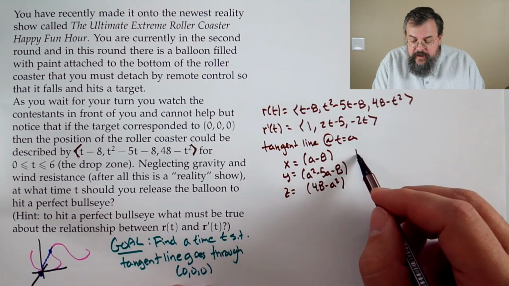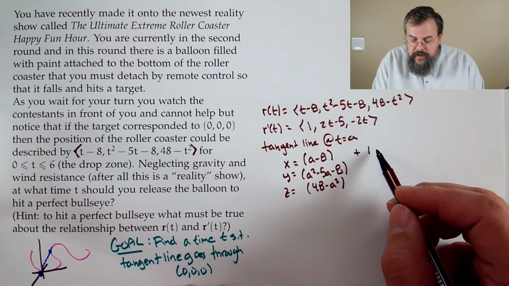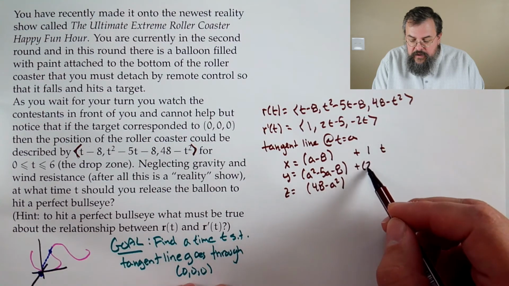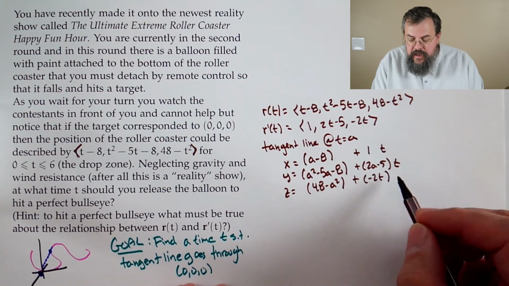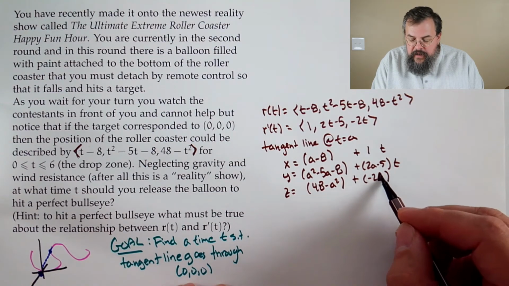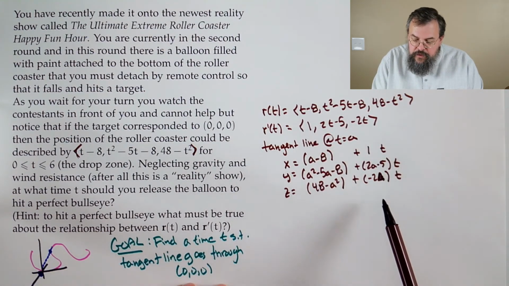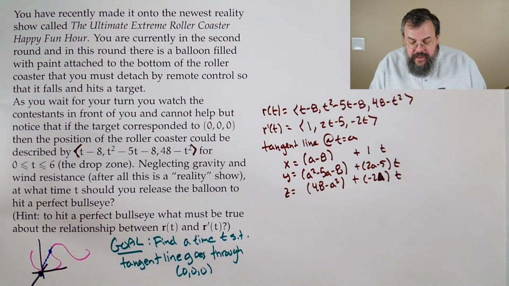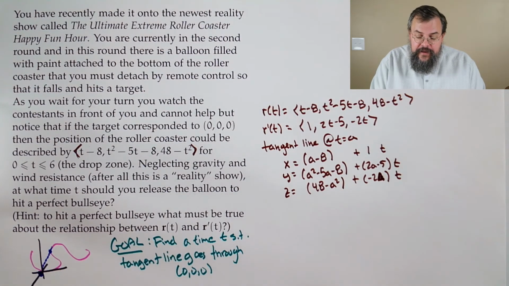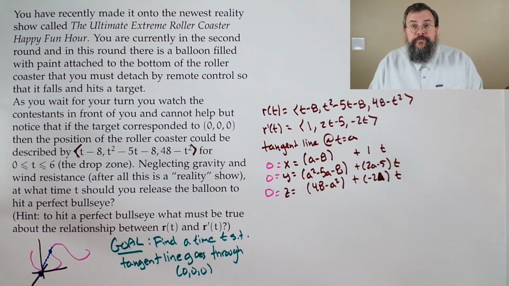Then plus, plugging into r prime, 1 times t, 2A minus 5 times t, and minus 2A times t. We need to pass through the origin, which means we need all these equal to 0 simultaneously.